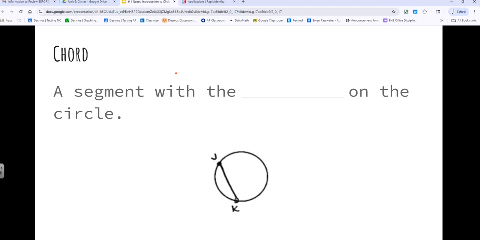So a chord is a segment with the endpoints on the circle. So the chord could be any two points on the circle being connected anywhere. Like this would be chord JK.